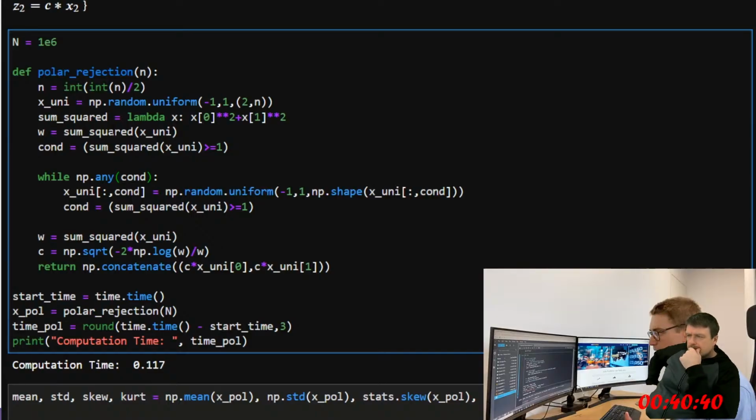While sum squared. This is n times through the loop. Not what I want. What do I need? W.